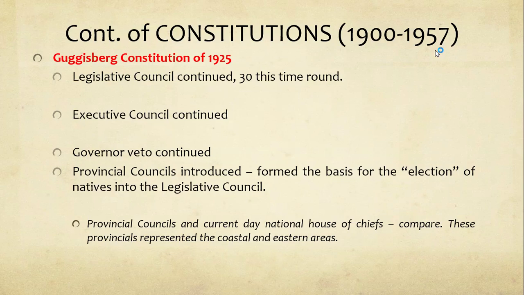And then we have the unofficial members. They're composed of 6 provincial members, 3 for the Eastern Province, 2 for the Central Province, and 1 for the Western Province. And then 3 municipal members, 1 each for Accra, Cape Coast, and Sekondi. And then 5, mind you, all this while, Kumasi or Ashanti has not become part of this colonial constitutional arrangement.